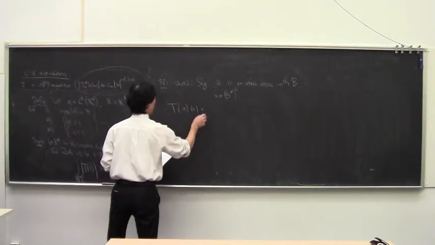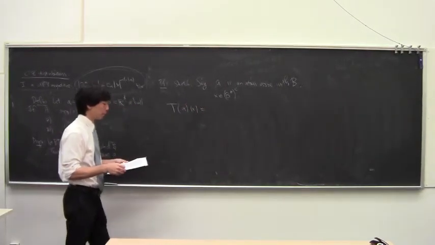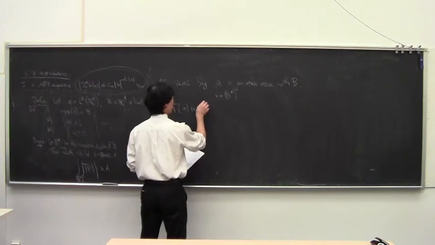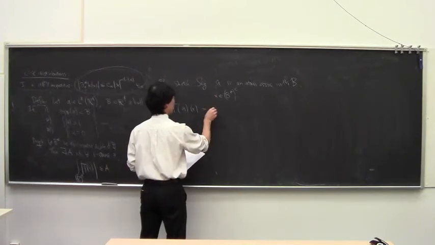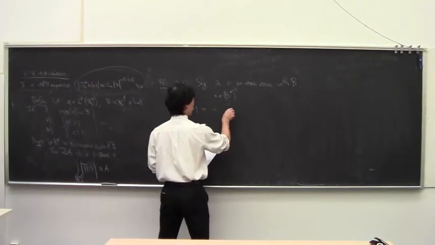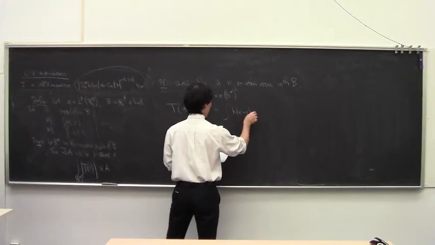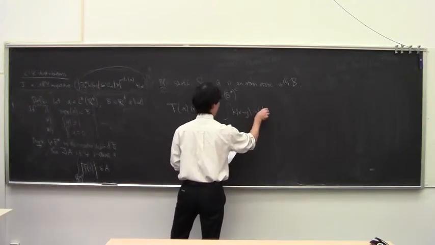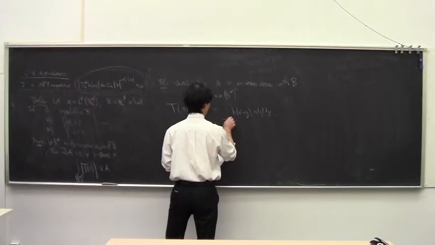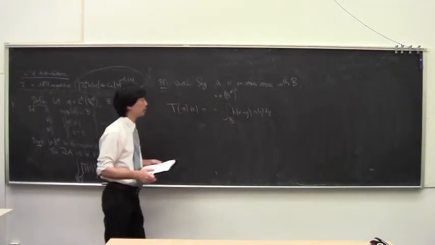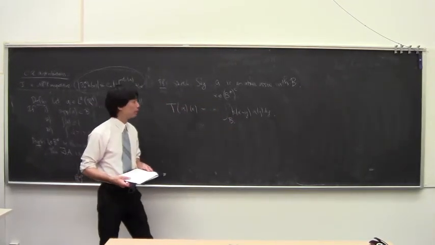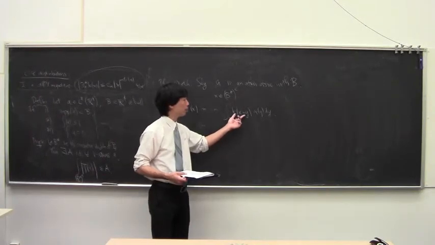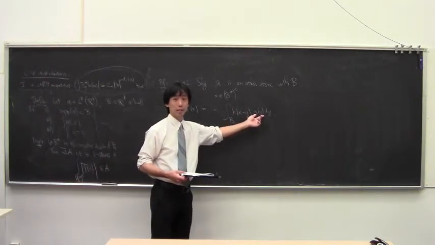T of the atom at x, this requires a little bit of argument, but equals the integral of k of x minus y, a of y, dy. The convolution of the kernel against the function.